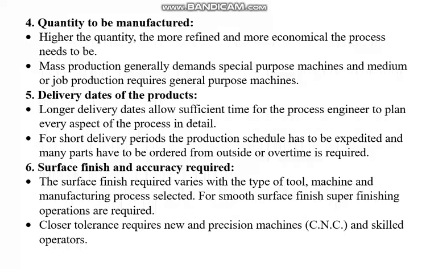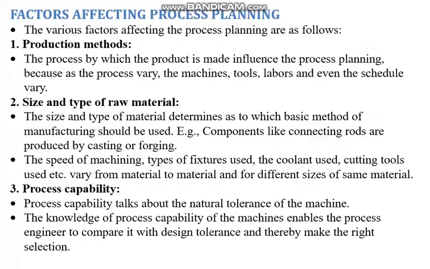If you want such kind of finish, you have to spend more time, and you're giving such a high surface finish, then the customer also will have to shell out more money. Then the close tolerances require new and precision machines like CNCs, and they need highly skilled operators. So depending upon that also, our process planning will be affected.